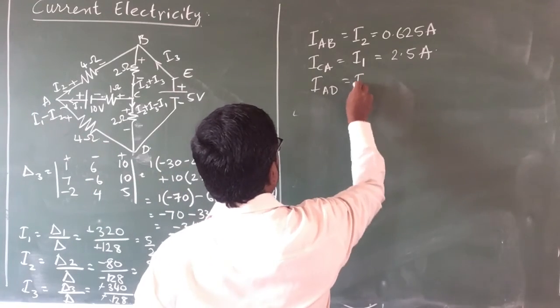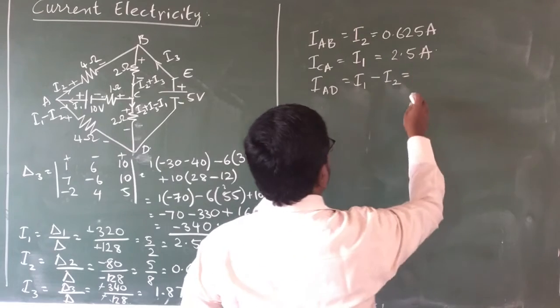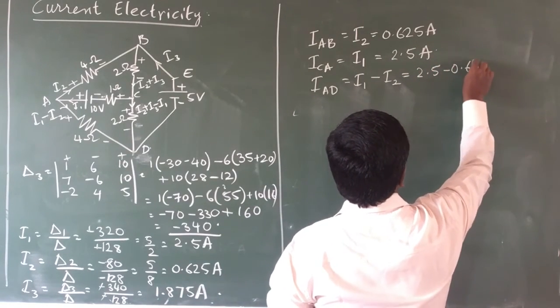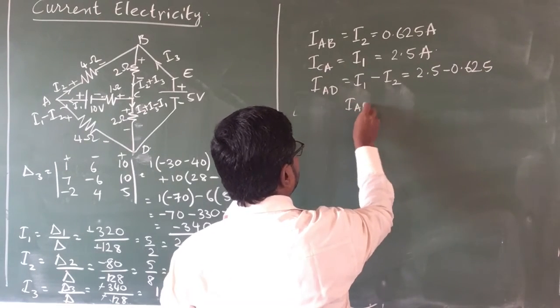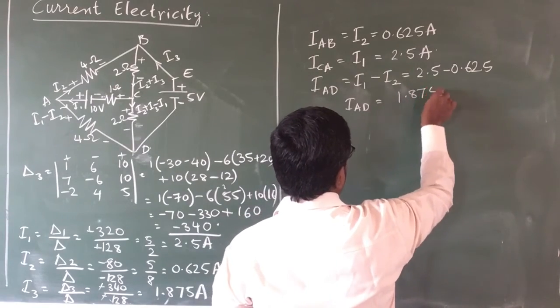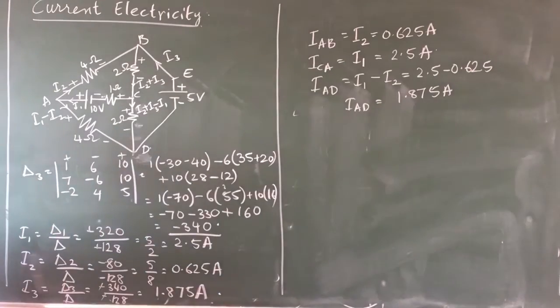It is I1 minus I2. So it will be 2.5 minus 0.625, and that IAD is going to give me 1.875 ampere. You can verify this answer with your calculator.